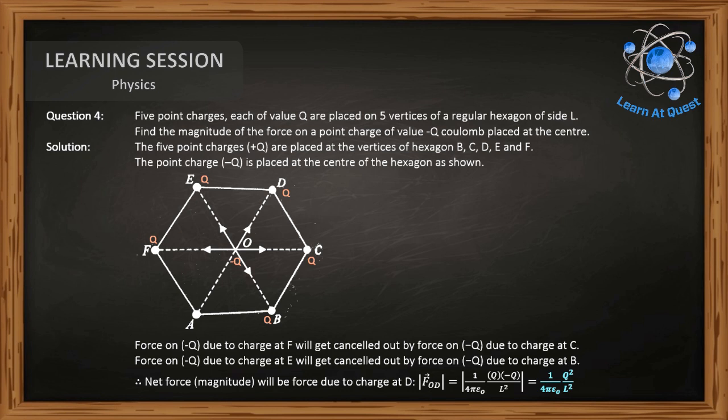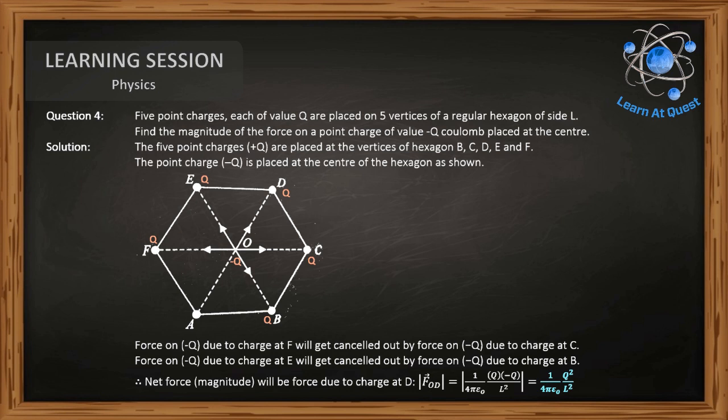So therefore, the only force that remains is the force due to charge at point D. Hence, the net force will be equal to the force due to charge at point D, which is F OD, which is 1 by 4 pi epsilon naught, product of the two charges, q multiplied by minus q, divided by the distance between them squared, L square, which is 1 by 4 pi epsilon naught q square upon L square.